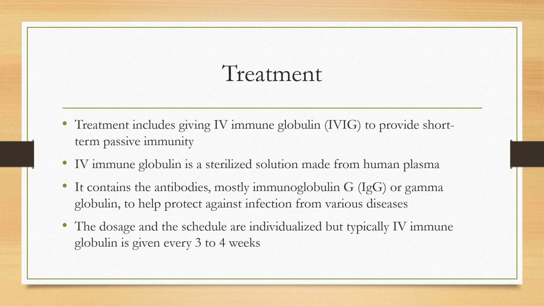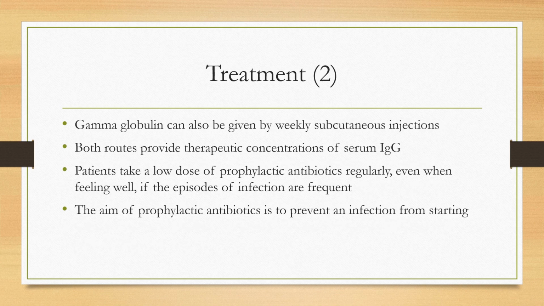Because it is immature, because they cannot fight off infections, because they are at risk for infection, this is going to boost their immune system and hopefully give them a better chance to either fight an infection or prevent infection. So, gamma globulin can also be given by weekly subcutaneous injections.